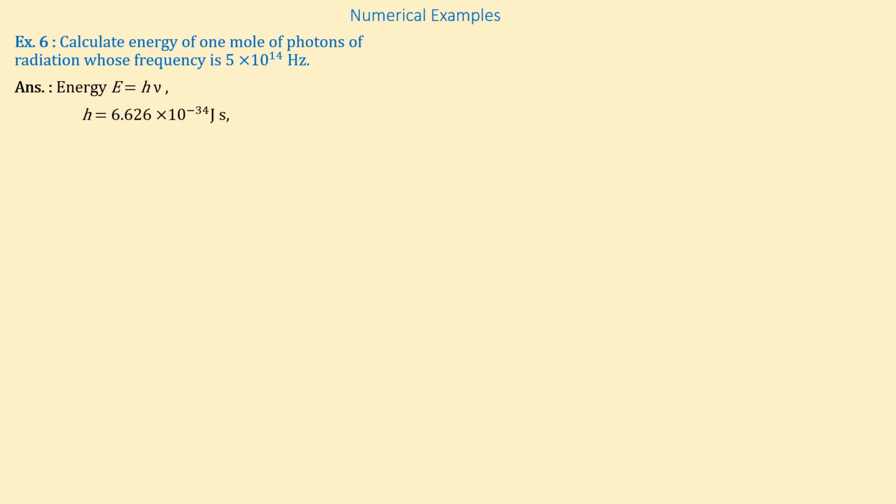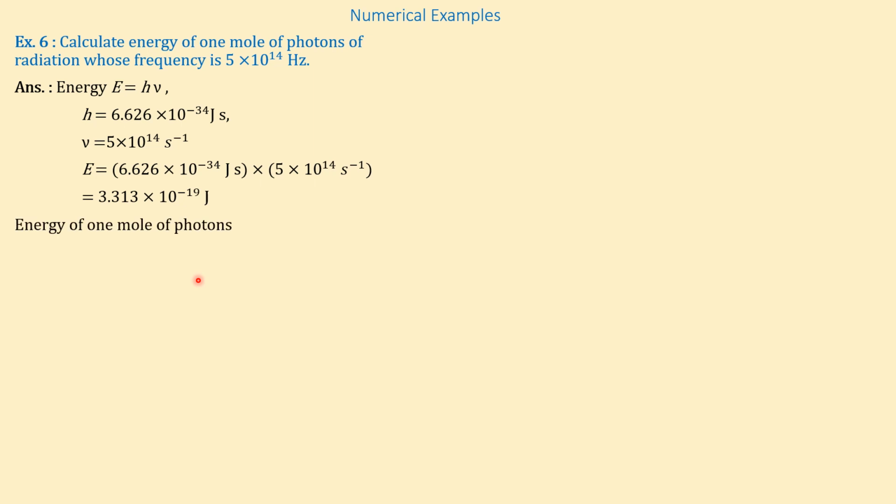So the given value we have to remember is Planck's constant h is 6.626 into 10 to the power of minus 34 joule seconds, and the light photon's frequency is nu equals 5 into 10 to the power of 14 per second. Therefore, substituting in the equation E is equal to h nu, we get the answer as 3.313 into 10 to the power of minus 19 joules.